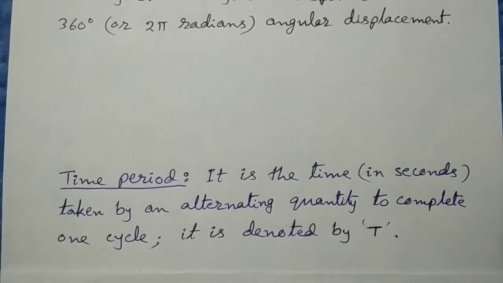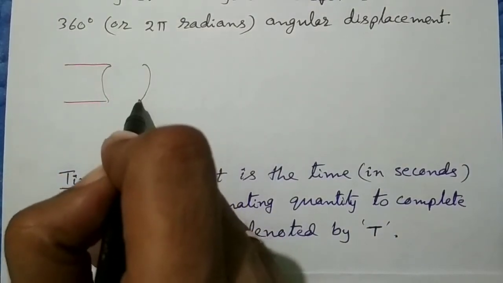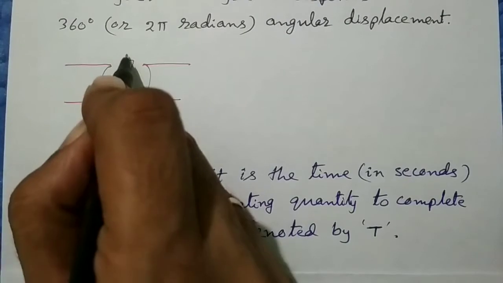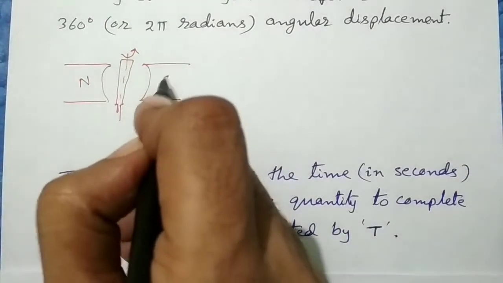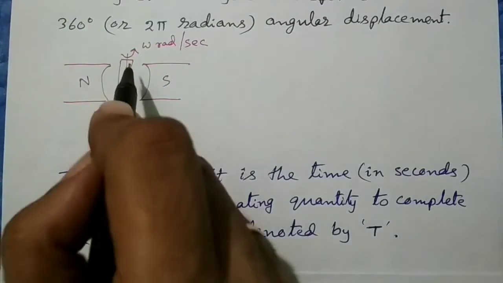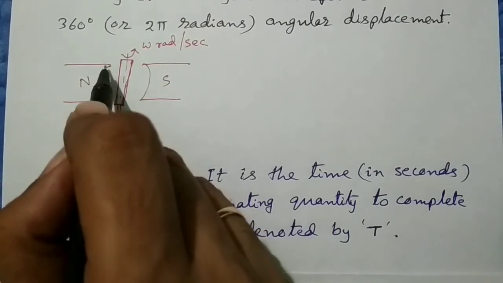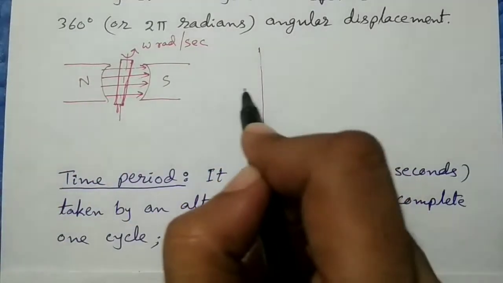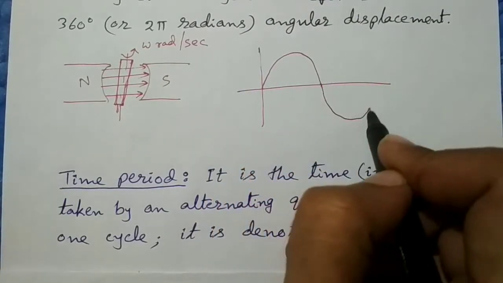Now we have already mentioned in the previous class that within a constant magnetic field, if a coil rotates on its axis with a constant velocity, let's say omega radian per second, then the coil will be moving from one side to another side, and for one complete rotation that we have already discussed here, it will create one complete cycle.